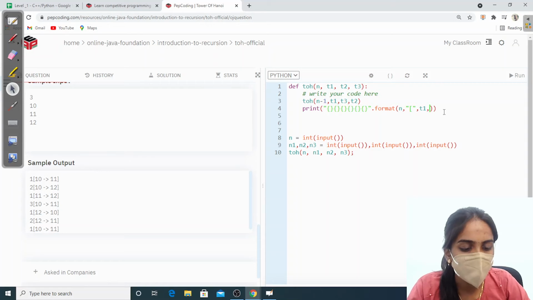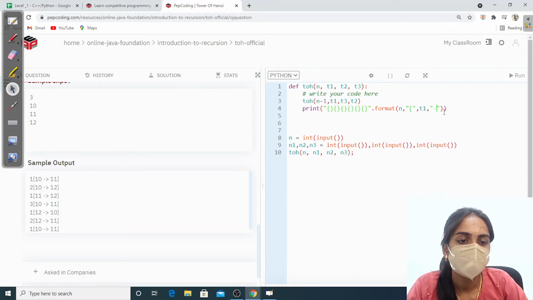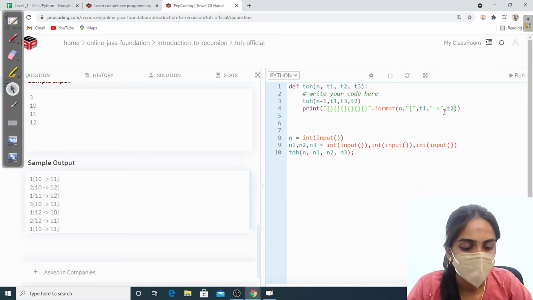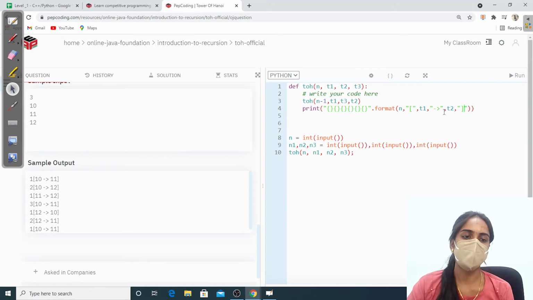Okay, then we have to print that arrow mark, comma, then it will be at tower 2, right? So tower 2, comma, we need to close our square bracket. That's it. It is our output format.